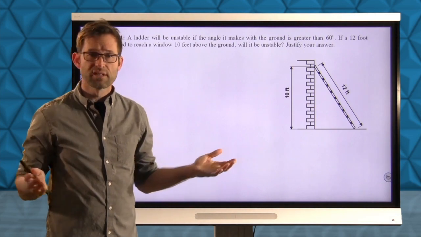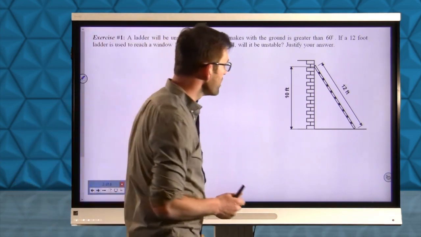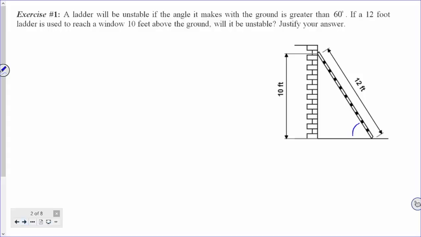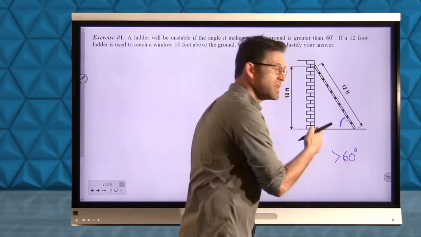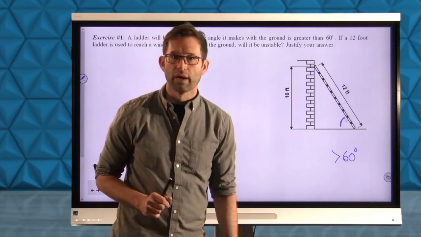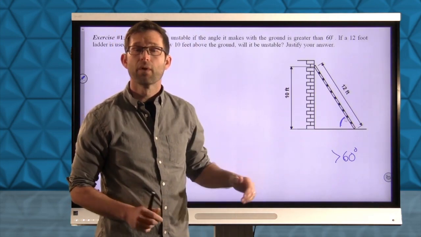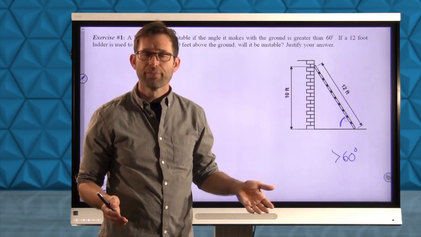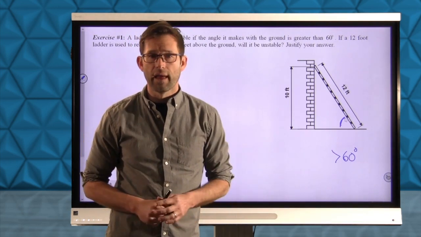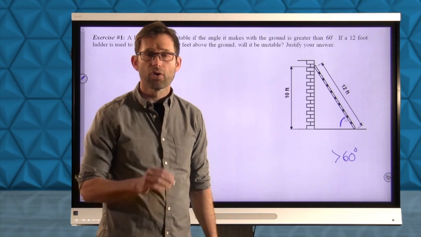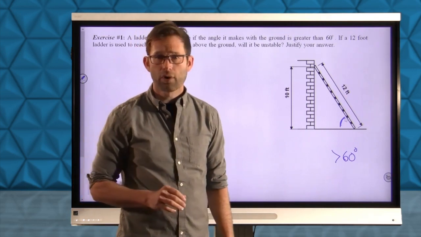All right, let's take a look. If this angle is greater than 60 degrees, then it's going to be unstable. I don't want to put a 60 in there because I don't know what that angle is right now. I should probably give that angle a name. I could call it angle A, angle X, whatever you're comfortable with.